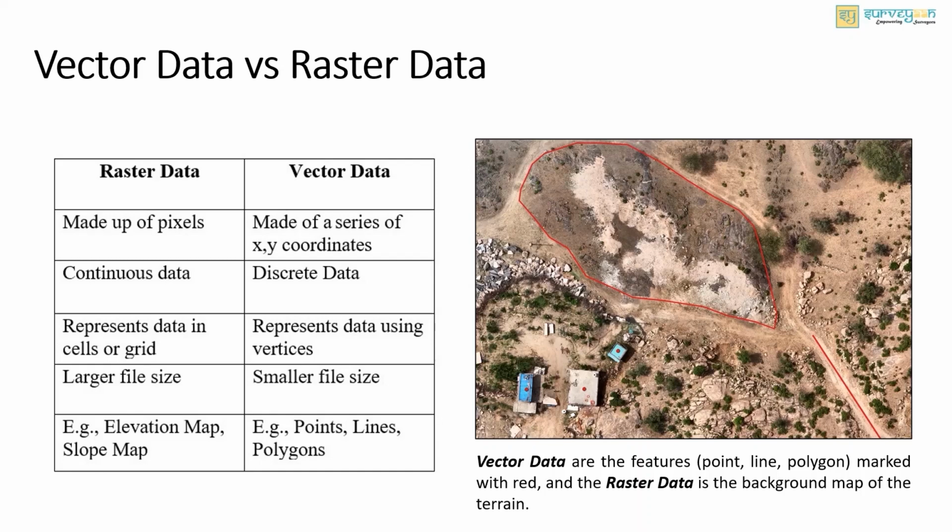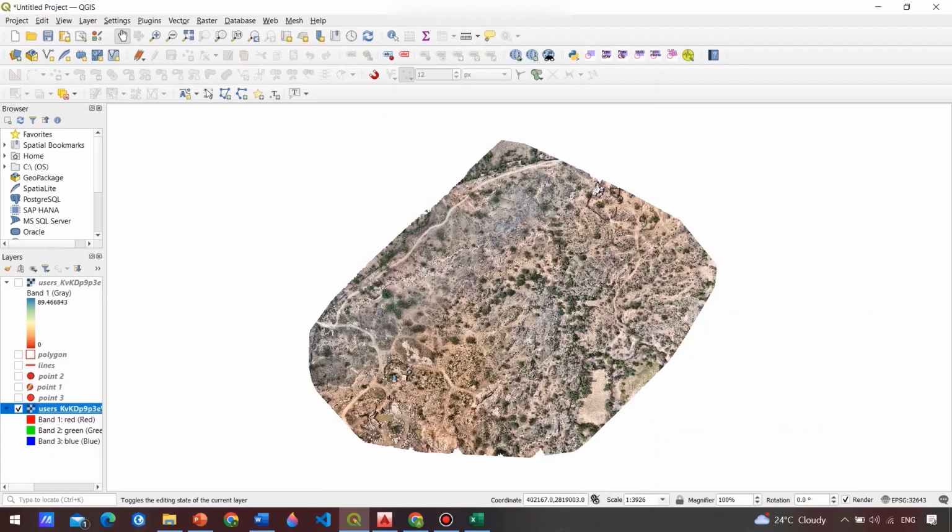The first major difference is that the raster data is made of pixels, and each pixel is associated with a specific geographic location, while vector data contains the XY coordinates and display the latitude and longitude using lines, points, and polygons. Here, I will show the difference using QGIS.